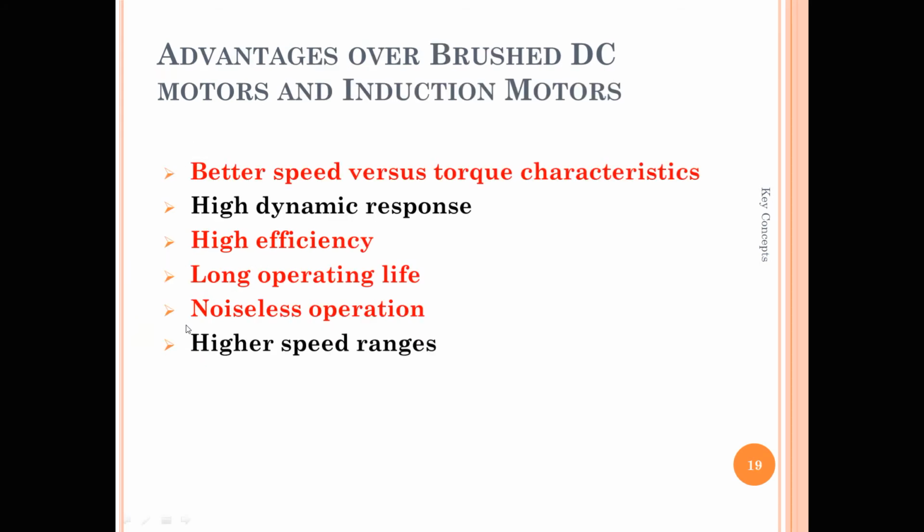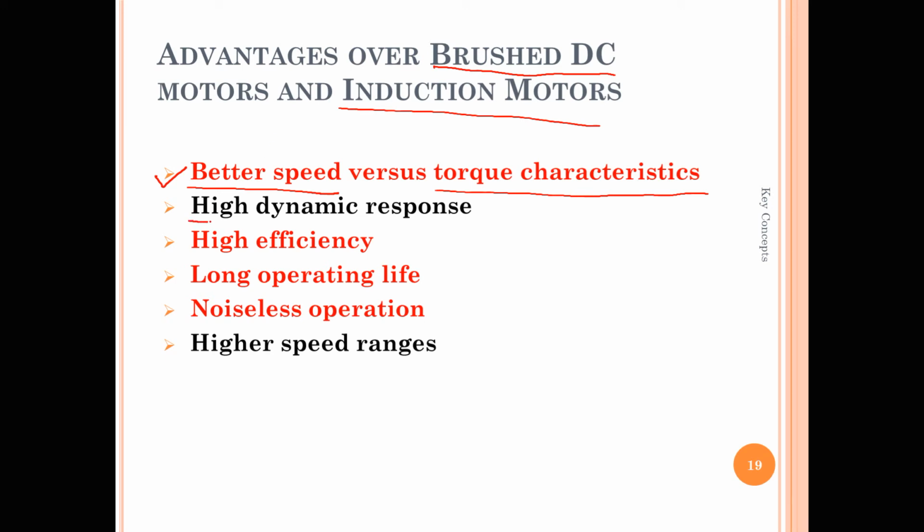Okay. When we talk about the brushed DC motor or induction motor, what is the advantage of BLDC over these two motors? How is it better than the brushed DC motor and induction motor? It has better speed versus torque characteristics. At a very high speed, it can offer good torque. Then we have the high dynamic response.